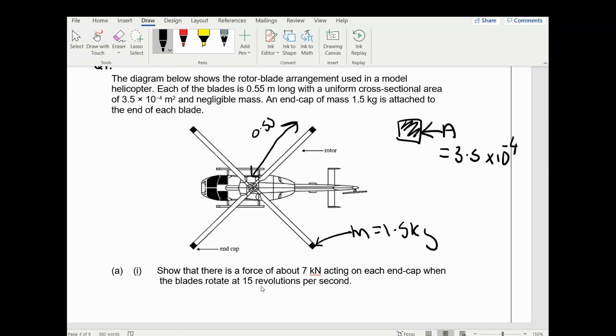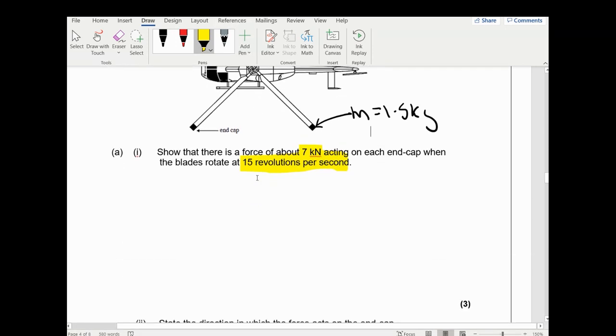Show that there is a force of about 7 kilonewtons acting on the end cap when it revolves around 15 revs per second. So this goes back to my first synopsis. You find omega first.